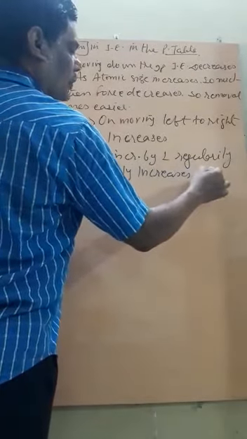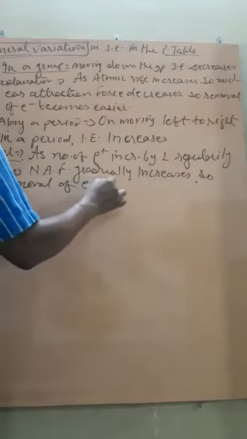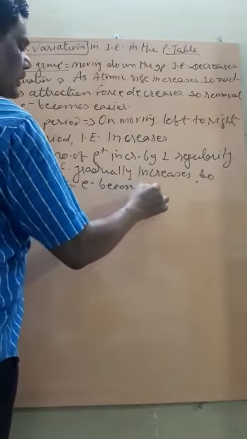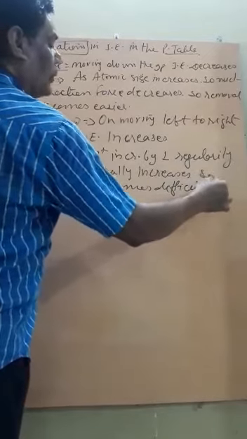So removal of electron becomes difficult. Difficult means now more energy is required to remove an electron. Are you getting? So this is one. Again I am repeating, this is the general trend.